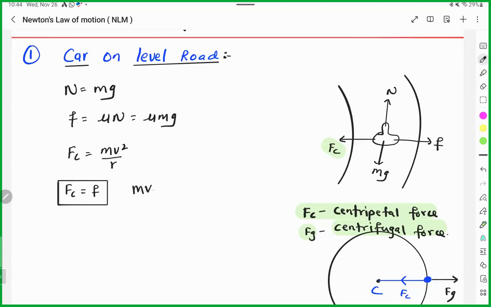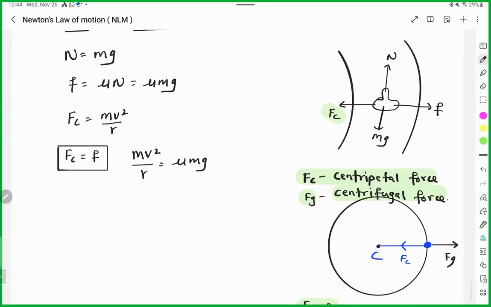Can we say mv²/r will be equal to μmg? Yes or no? m cancels. Can we say v² will be equal to μrg and v will be equal to under root μrg?